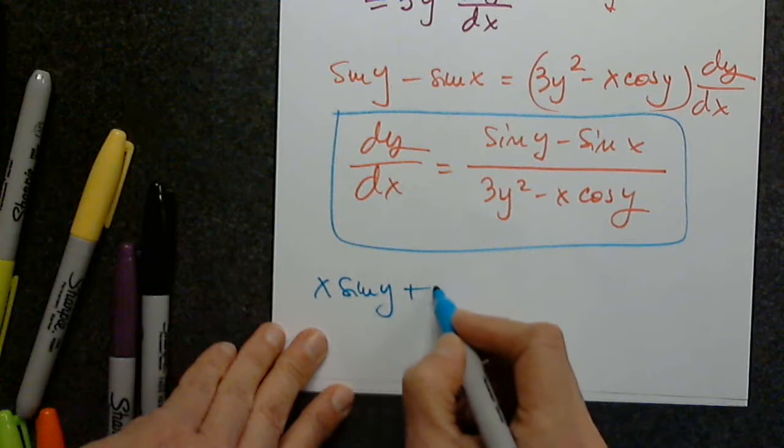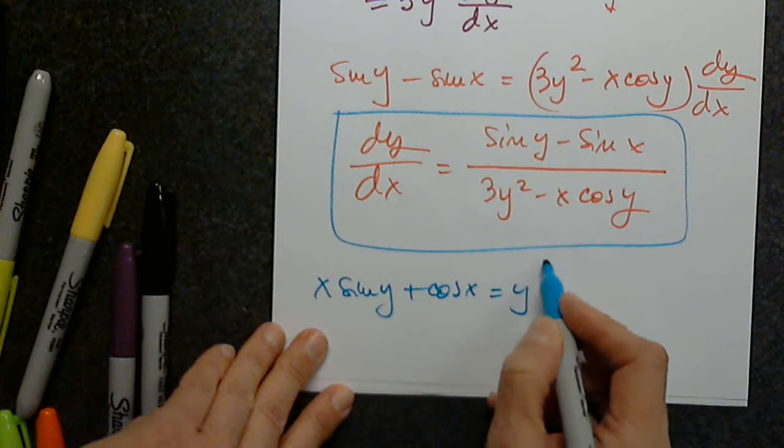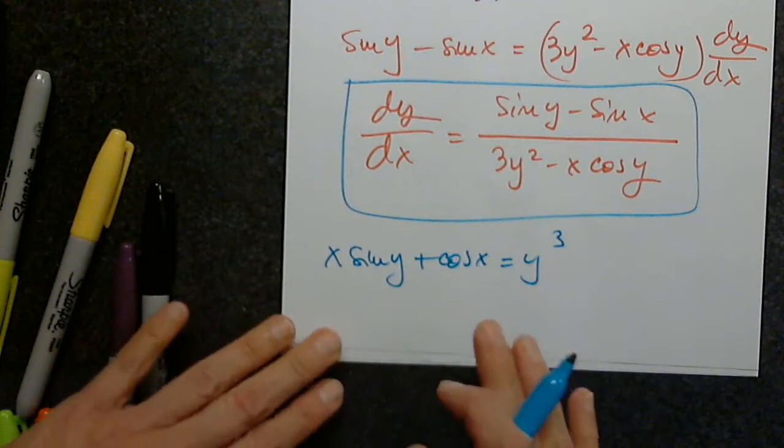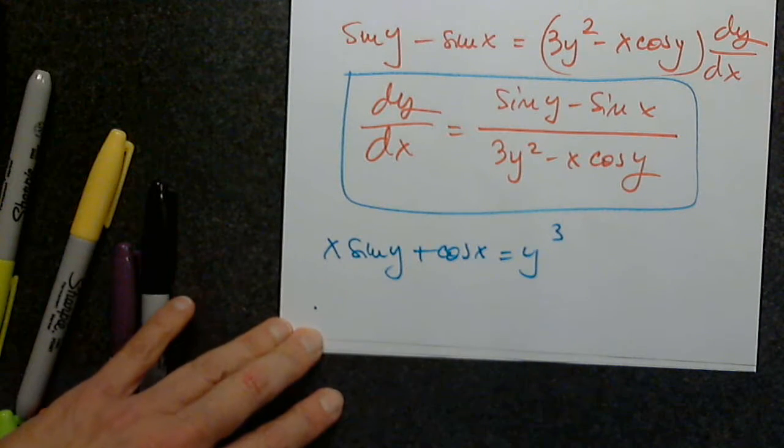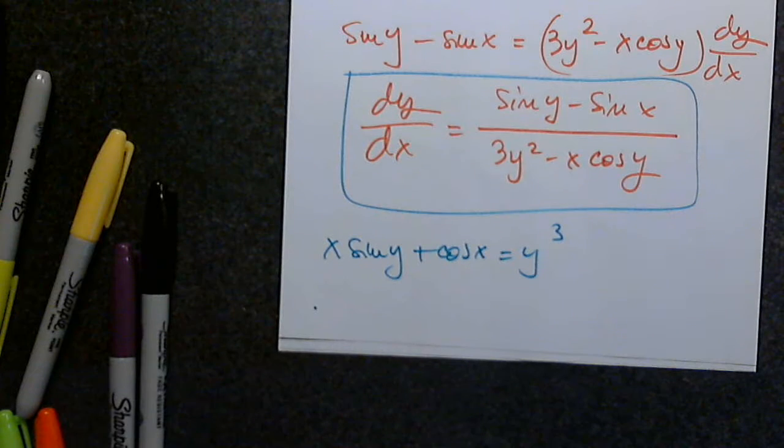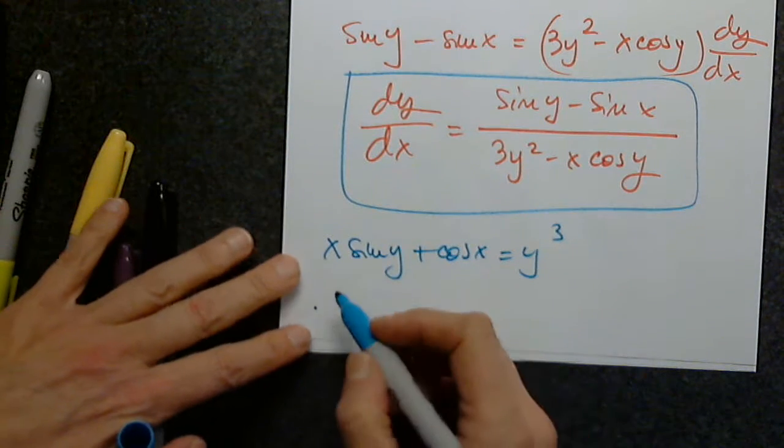x sine y plus cosine x equals y cubed. So for whatever reason, we decided to apply natural log to both sides. So first, before we differentiate, that complicates things, because now I have to differentiate a log instead of differentiating whatever I have. That's fine. Let's try.